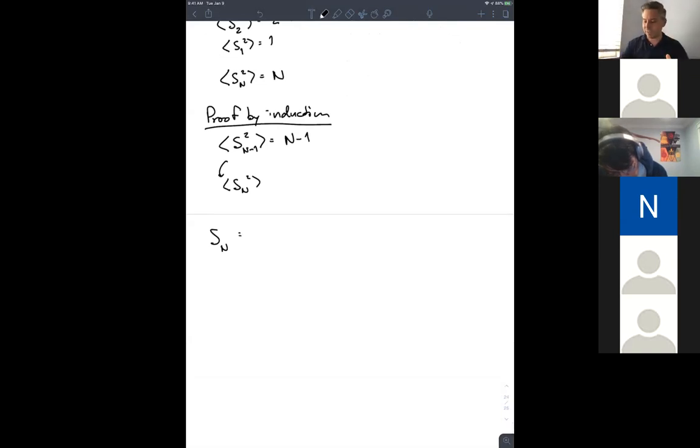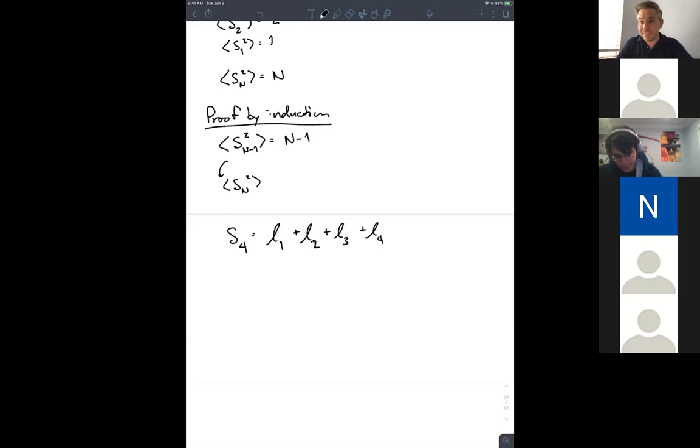So for example, let's do this explicitly. Let's look at, say, S sub 4. S sub 4 is that I take 4 steps: L1 plus L2 plus L3 plus L4, where again, the L's are random.